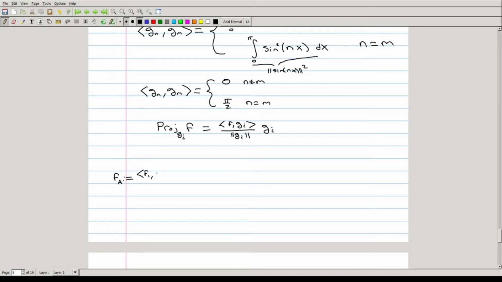So the first projection is f comma g1 over the norm of G1 times G1, plus F comma G2 over the norm of G2 times G2, plus F comma G3 over the norm of G3 times G3, plus F comma G4 over the norm of G4 times G4.